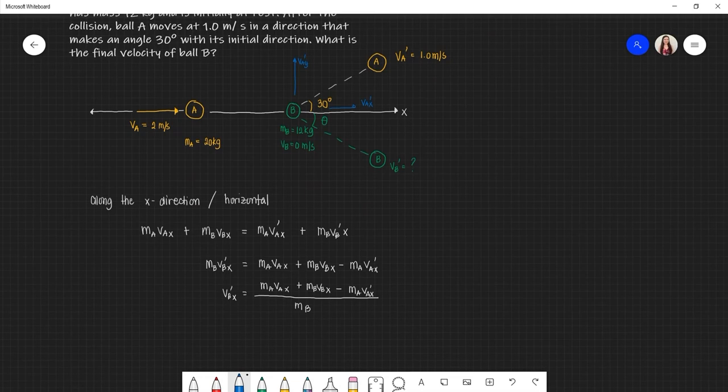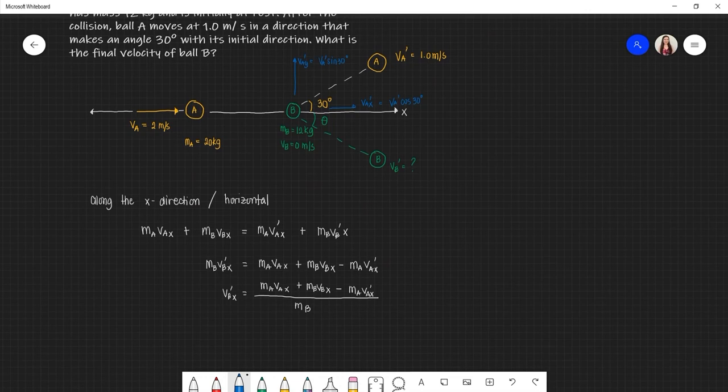Now, this x component of VA prime, di ba, is equal to VA prime cosine of this angle, 30 degrees. And VA prime along the y is VA prime sine of 30 degrees.